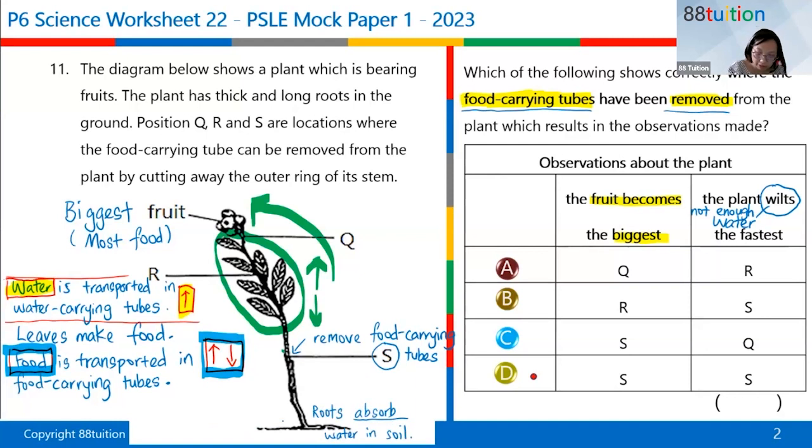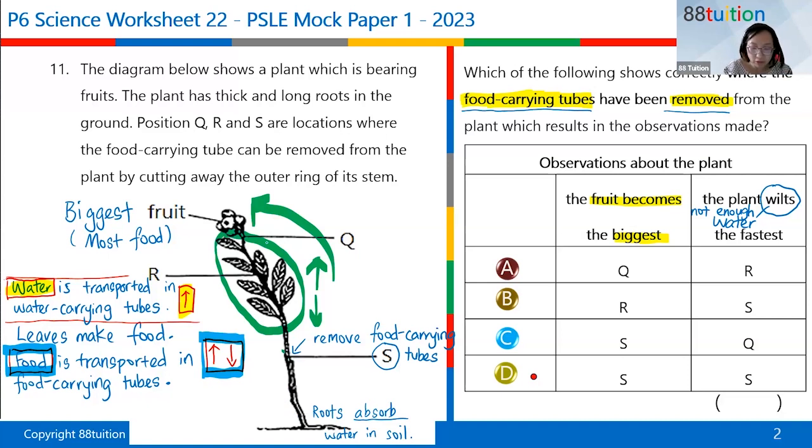And then the water carrying tubes will transport the water all the way upwards, no problem, because I never touched the water carrying tubes. Water carrying tubes are not removed in this question. So the water carrying tubes, no problem. The water will be absorbed by the roots and transported upwards to the leaves.